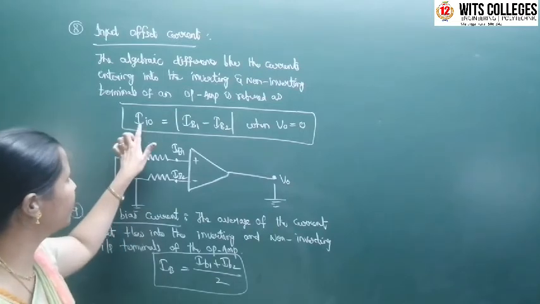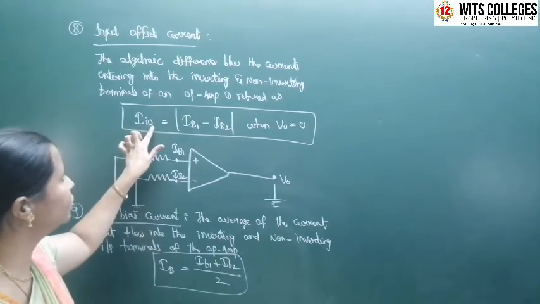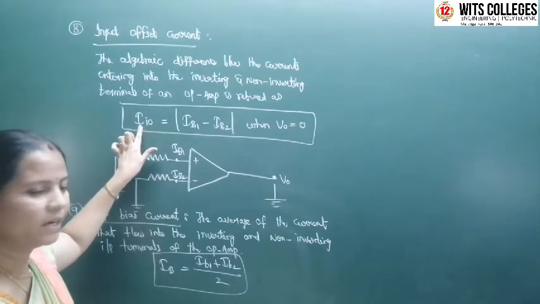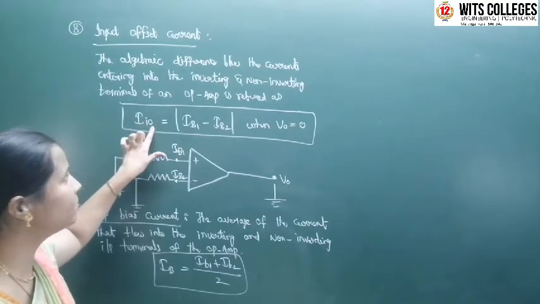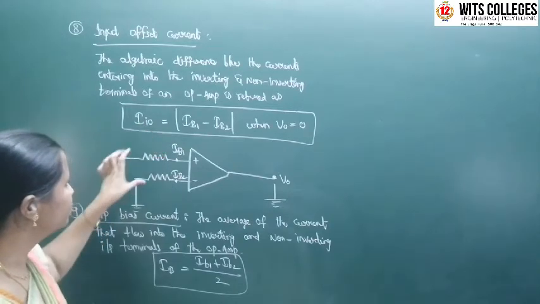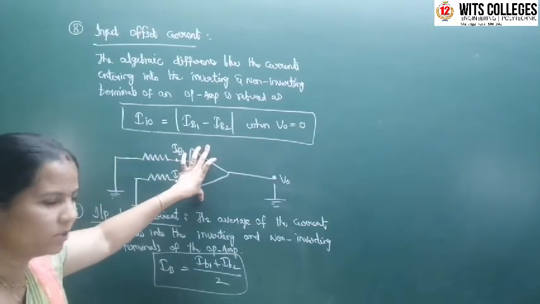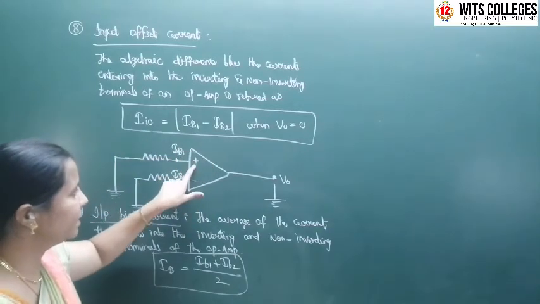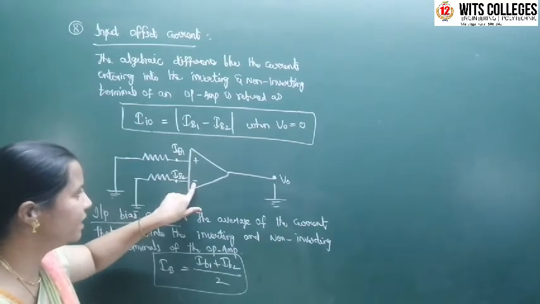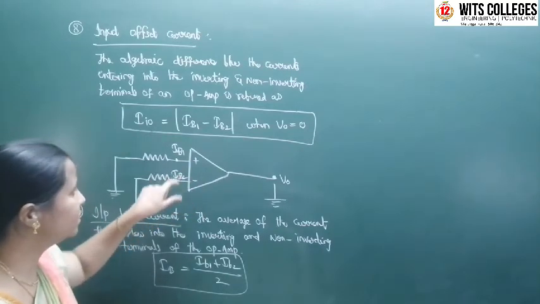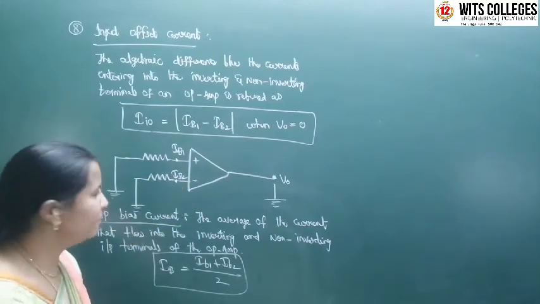It is indicated by IIO: IO indicates input offset, and I indicates current. So IIO is the input offset current. Suppose this is an operational amplifier. The plus terminal indicates non-inverting, and the minus terminal indicates inverting. These are the two inputs of the operational amplifier.